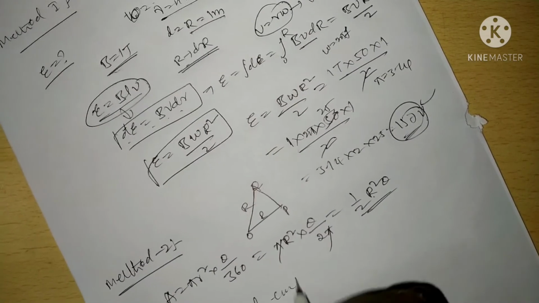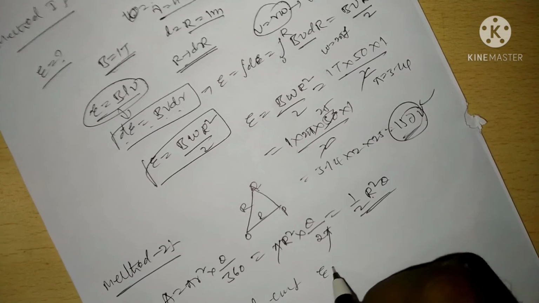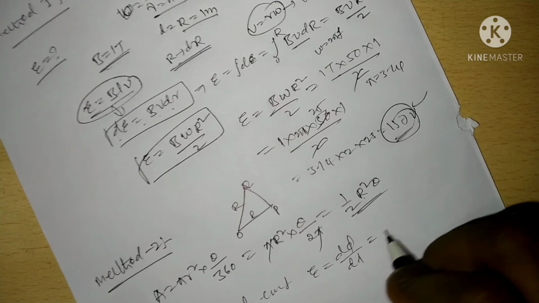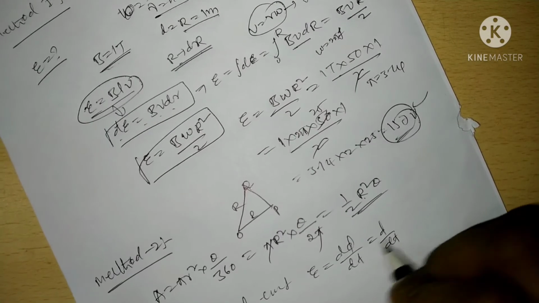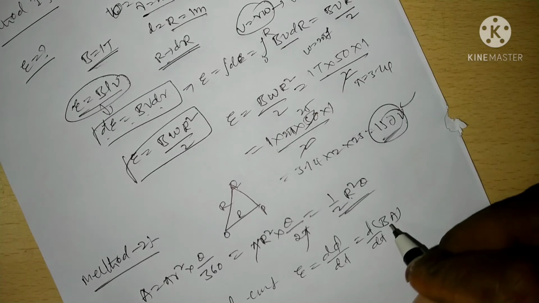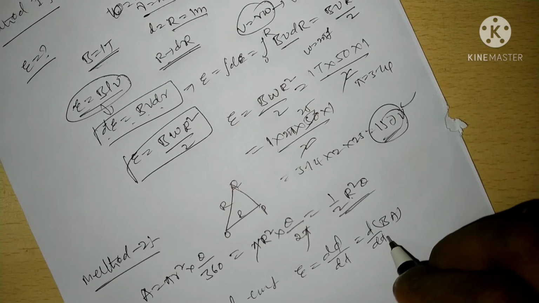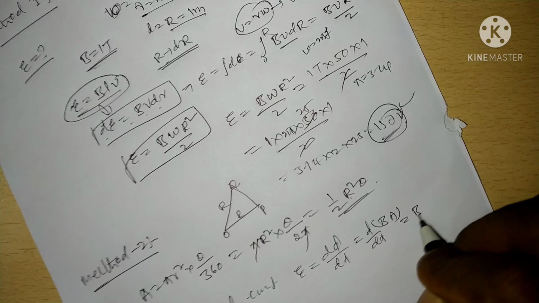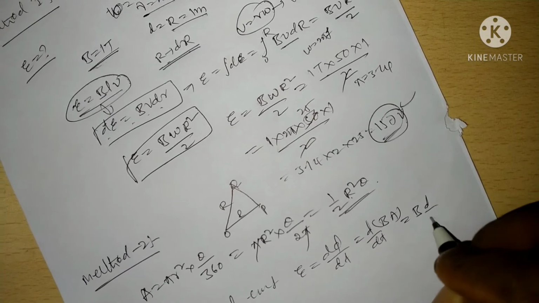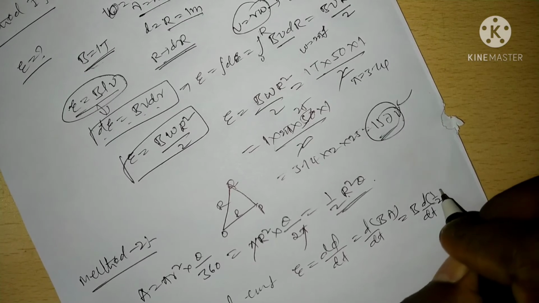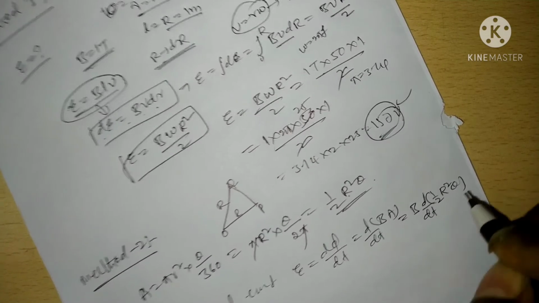Induced EMF E is equal to minus d phi by dt. What is phi? BA. What is the A? This is the A. B is constant, so B into d by dt of 1 by 2 r square theta.